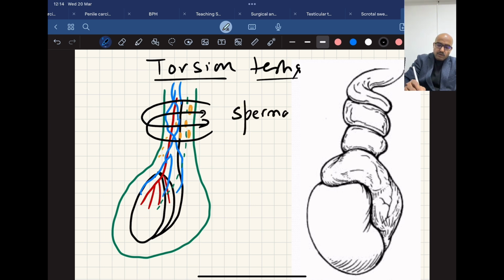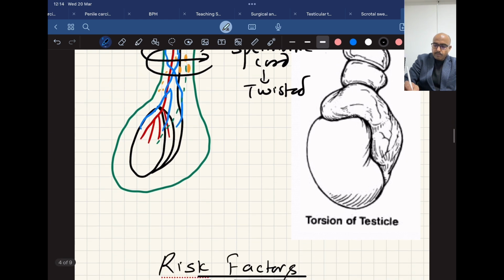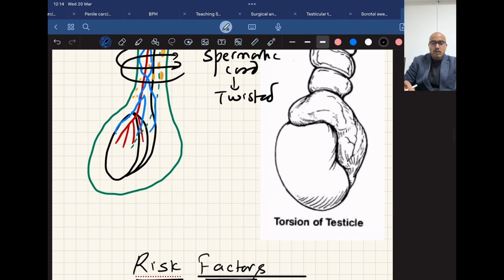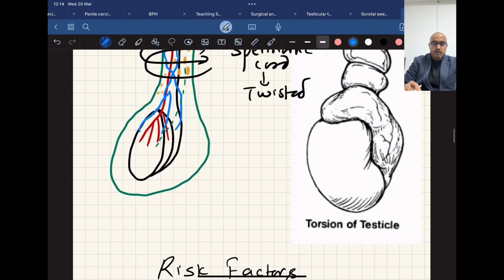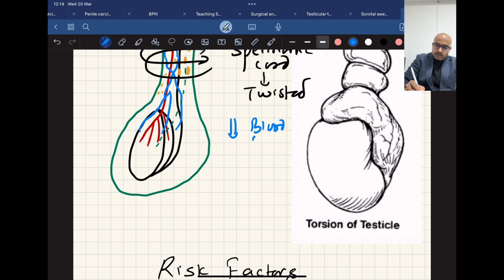and so on. So torsion testis basically means there's a twisting of the spermatic cord. So torsion means the spermatic cord is twisted, okay. And what's the problem here? If there's a twisting of the spermatic cord, as you know, there's decreased blood supply to the testis. That means there will be ischemia.